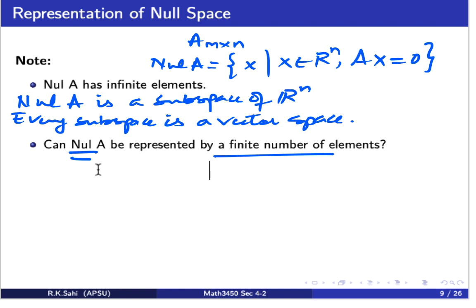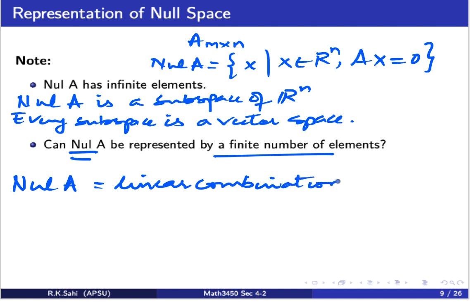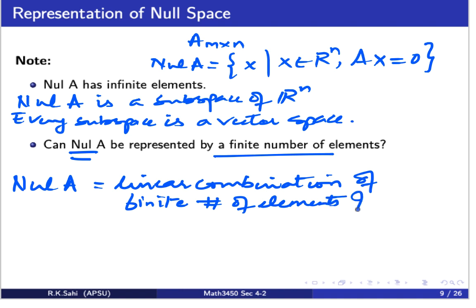So what I'm basically saying, in the language of what we have learned, is this: can I write my null space as a linear combination, remember the spanning set, of a finite number of elements of Rn, which, if you remember, is the definition of the spanning set, or the span of, say, V1 up to Vp.